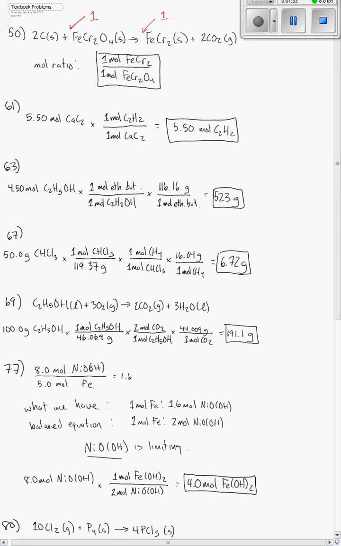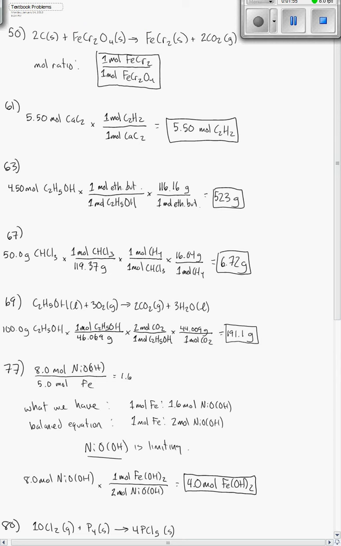So you can take these coefficients from the balanced equation and use them to make your mole ratio. The mole ratio in this case is 1 mole of ferrochrome to 1 mole of chromite. Basically, it means if you have 1 mole of chromite and you put it through a chemical reaction, you should be able to produce 1 mole of ferrochrome.